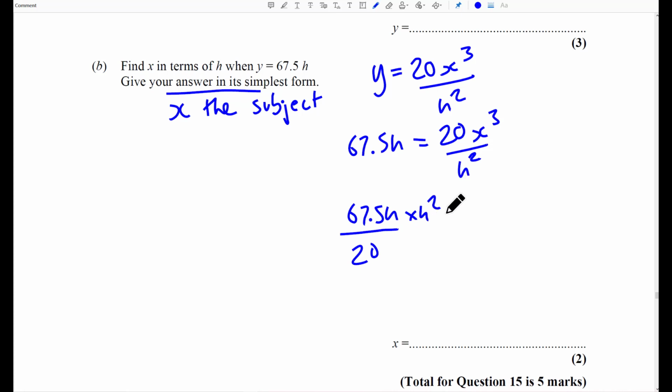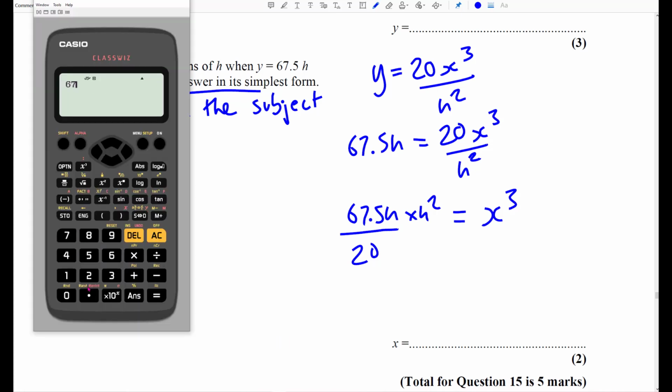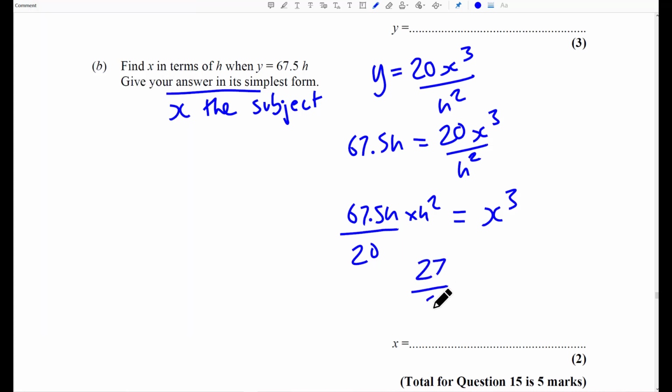Because you're going to times by h squared first, get rid of h squared and divide by 20 to get left with x cubed. Correct? So what's 67.5 over 20? 27 over 8. Okay, that looks nice to simplify. So we've got 27 over 8 h cubed equals x cubed.